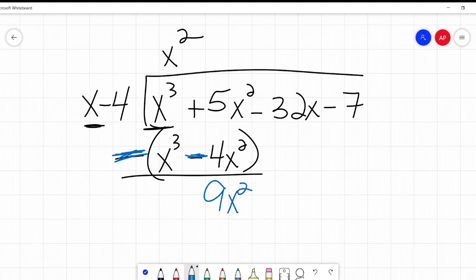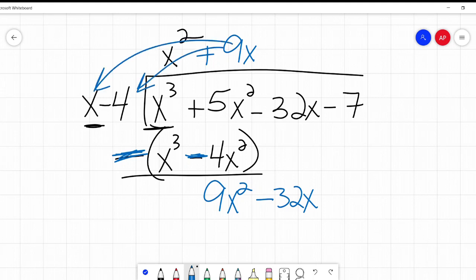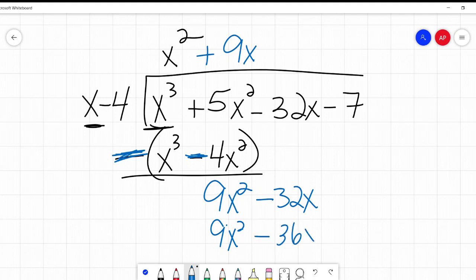That right there is what trips up so many students. X times what equals 9x squared? Positive 9x. Then I multiply it back by both of those and I write it down here. 9x times x is 9x squared. 9x times negative 4 is negative 36x.